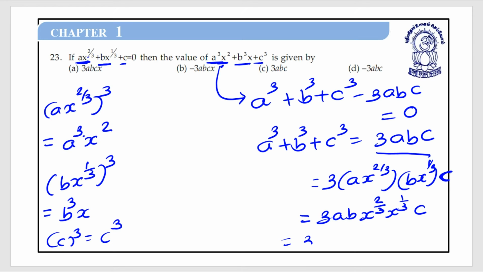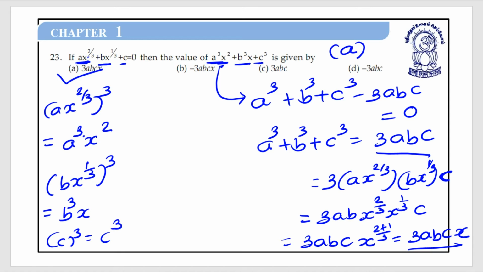So here we can write 3abc x raised to 2 plus 1 by 3 is equal to 3abc x. 3 by 3 becomes 1, so 3abcx. So option A is the right answer of question number 23.